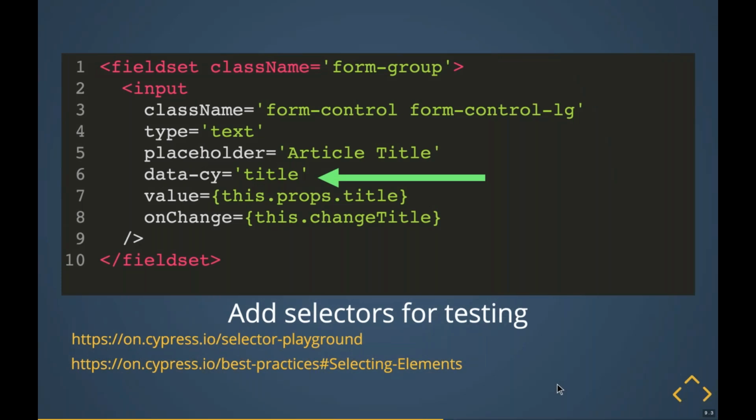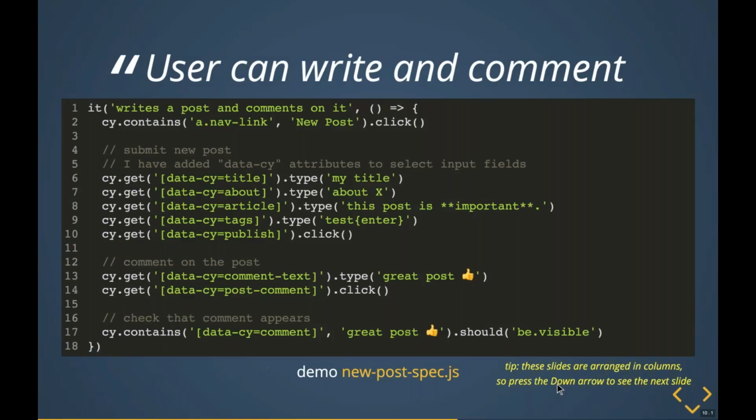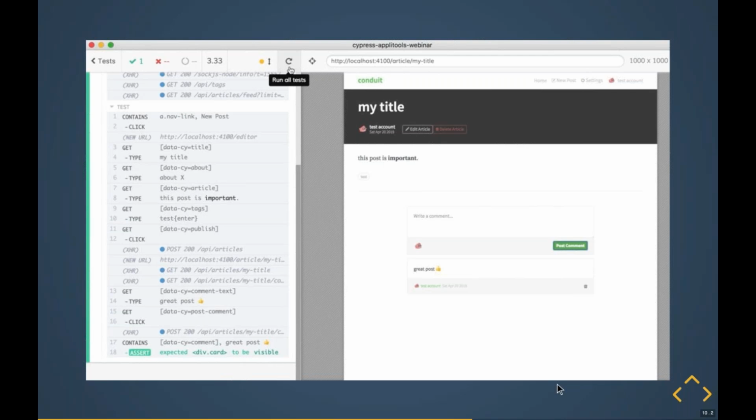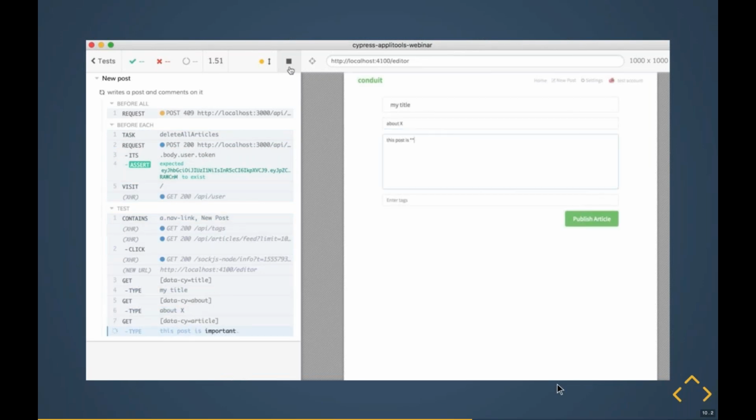We advise in all our guides and best practices to add a data attribute specifically for testing, so that when you change something, you don't break the tests. The tests are not tied to implementation, but the fields are testable. So we suggest that you add data-test for title, for example, to select your elements. And then the test is exactly as I've written, and it runs just like before.